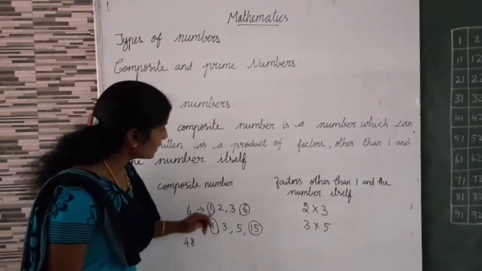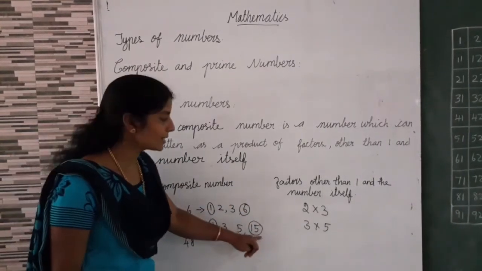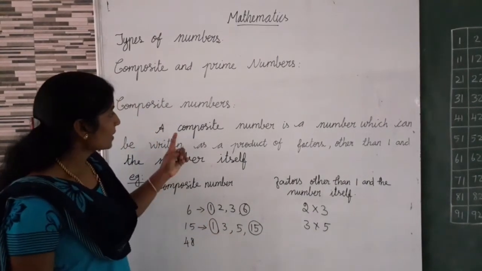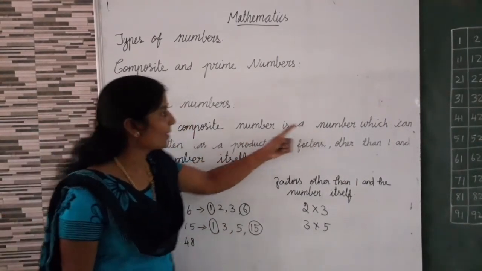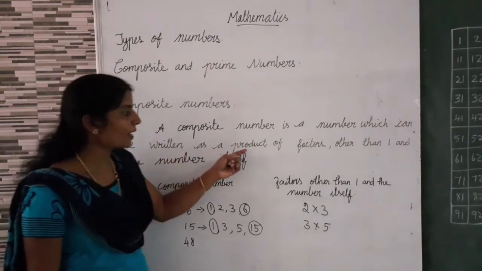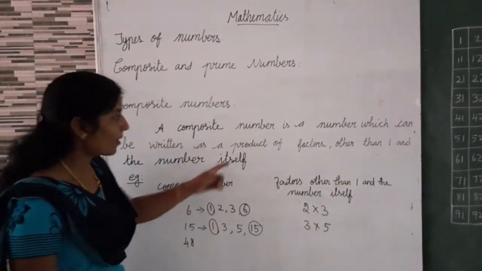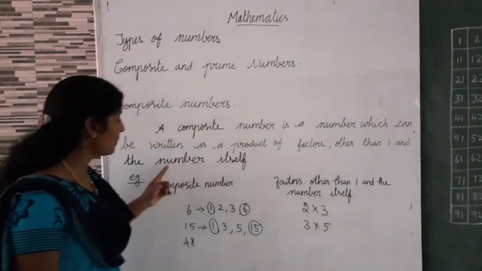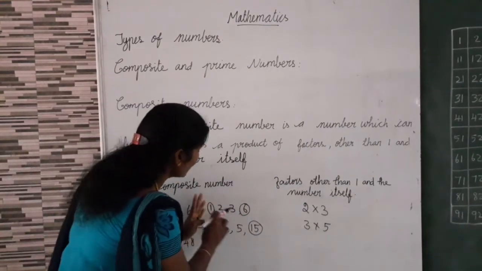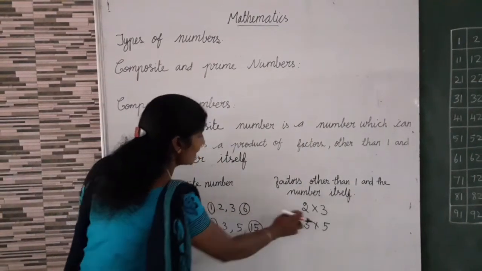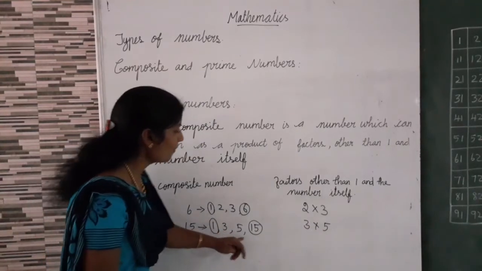A composite number is a number which can be written as a product of factors other than 1 and the number itself. Here, 2 3s are 6, 2 and 3, then 3 into 5.